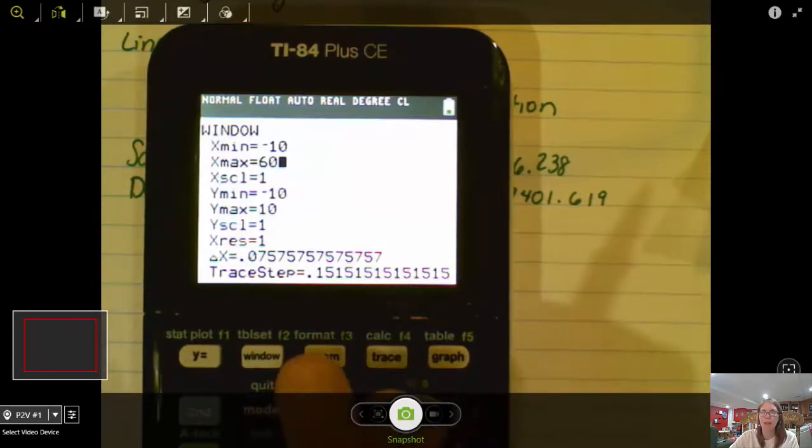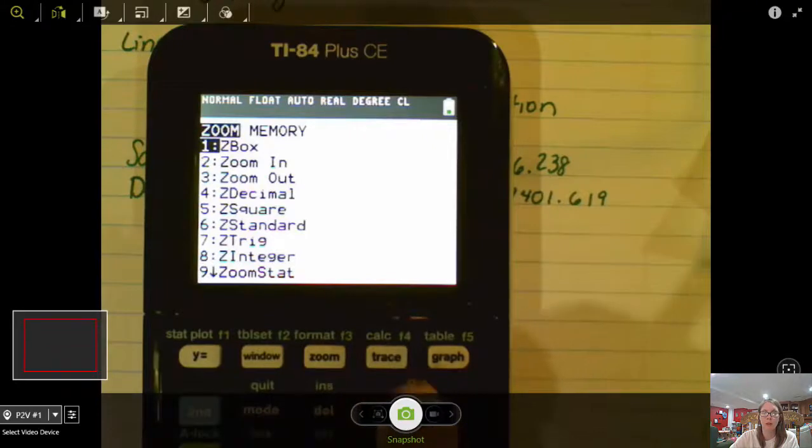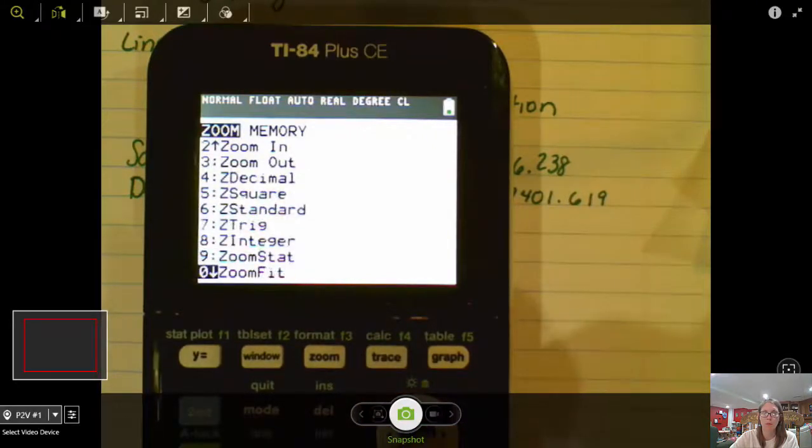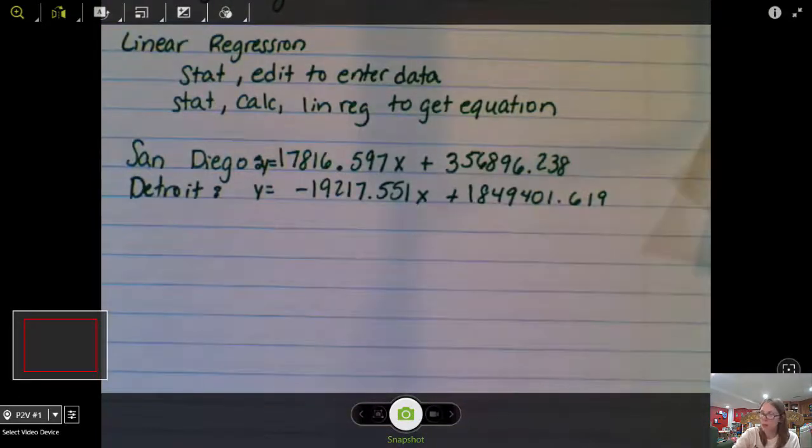After I set my x values to what I know they are, go to zoom and all the way at the bottom is zoom fit. This will set our y values to match the x that we have chosen, and it helps us see that intersection point. So again, here is our process.